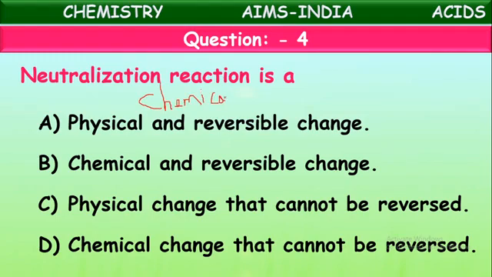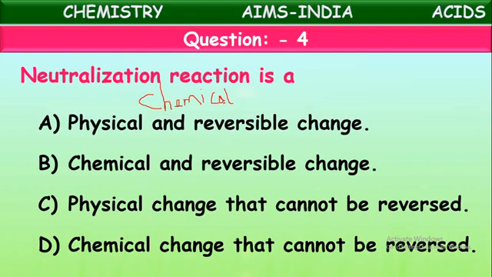And we have to see one more thing here. Is it a reversible change or an irreversible change? Yes, neutralization reaction is an irreversible change. It cannot be reversed. We can produce salt and water from acid and base, but from the salt and water, we cannot get back those acids and bases. One more thing we can say here, neutralization reactions are irreversible.